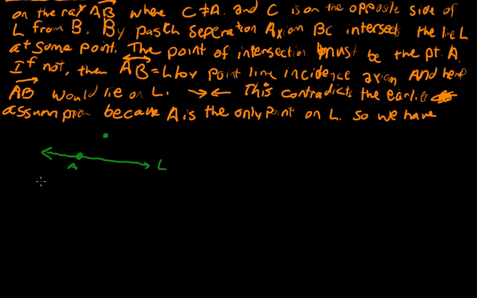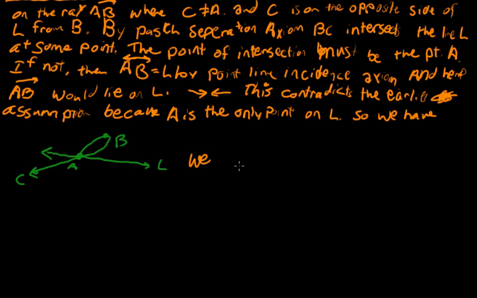Actually, I should have C over here, make it easier to draw. So this line can only cross line L at one point because it's a ray. It would have to cross at point A and come back to point C, which looks pretty weird, but we can't assume it's false just because it looks weird. But in this case, it is false because of the reasons that we gave.